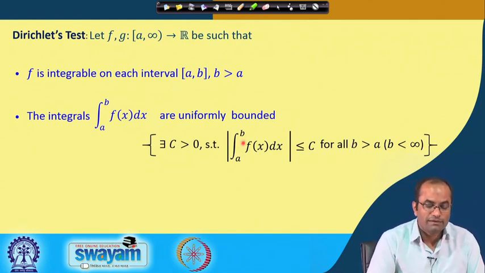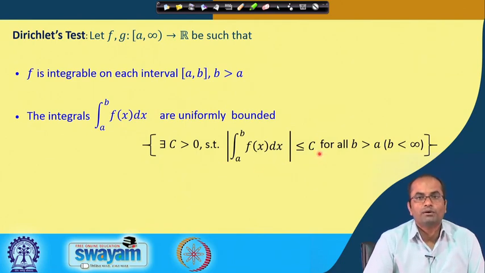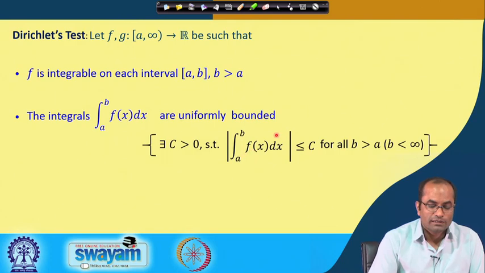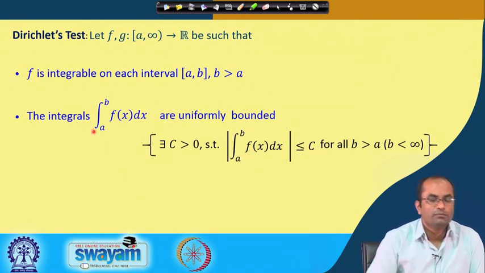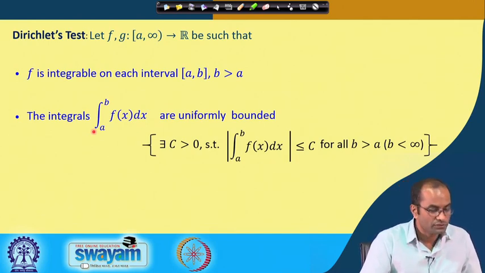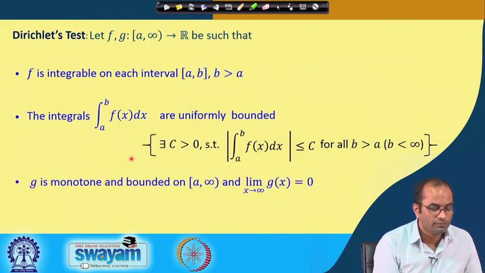So, for any value b greater than a, if this integral is bounded by a constant c, and c is not depending on the number b, then we call this uniformly bounded. So, this bound is independent of b, and then these integrals are uniformly bounded. So, these are the two conditions on f: it is integrable, and these integrals are uniformly bounded.